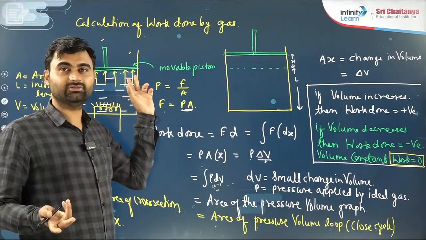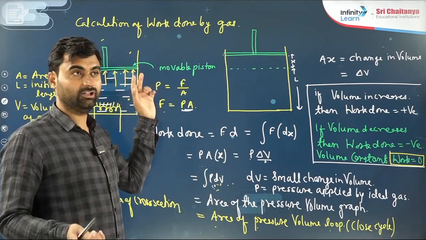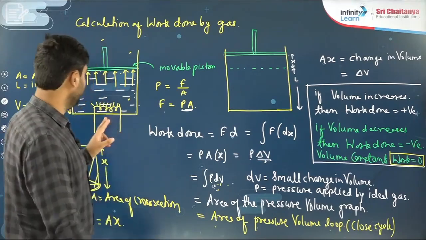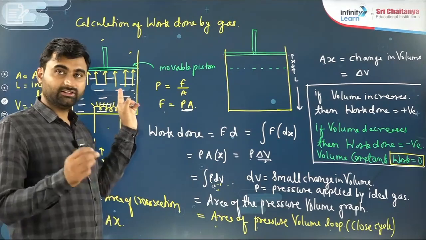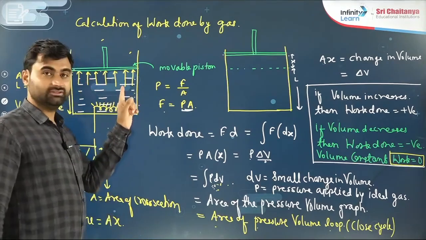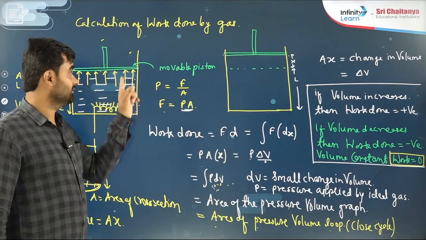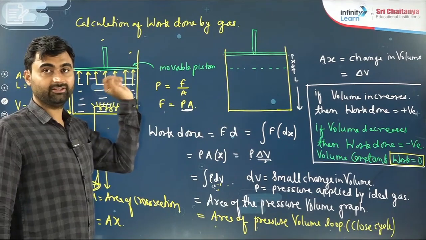This is the first law of thermodynamics. Is it clear? Whatever heat we supply, this heat can contribute into the internal energy of the ideal gas, otherwise work done. This is only the first law of thermodynamics.